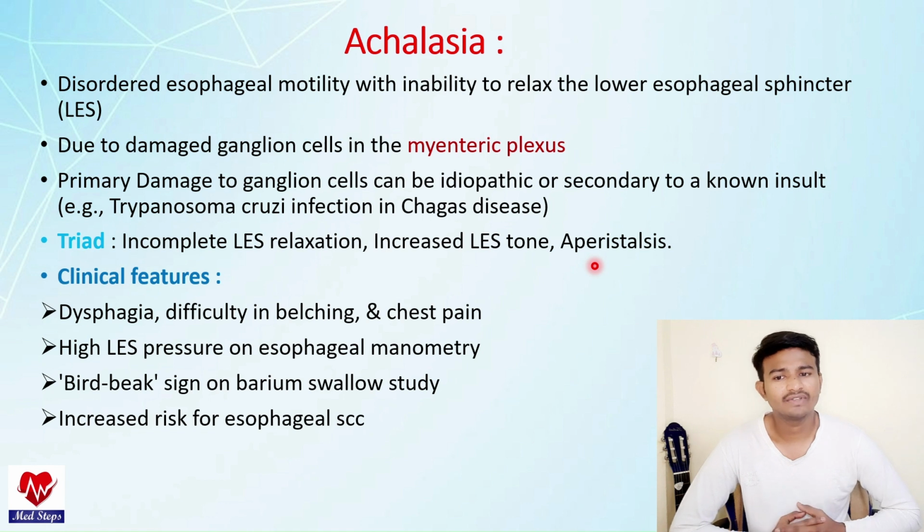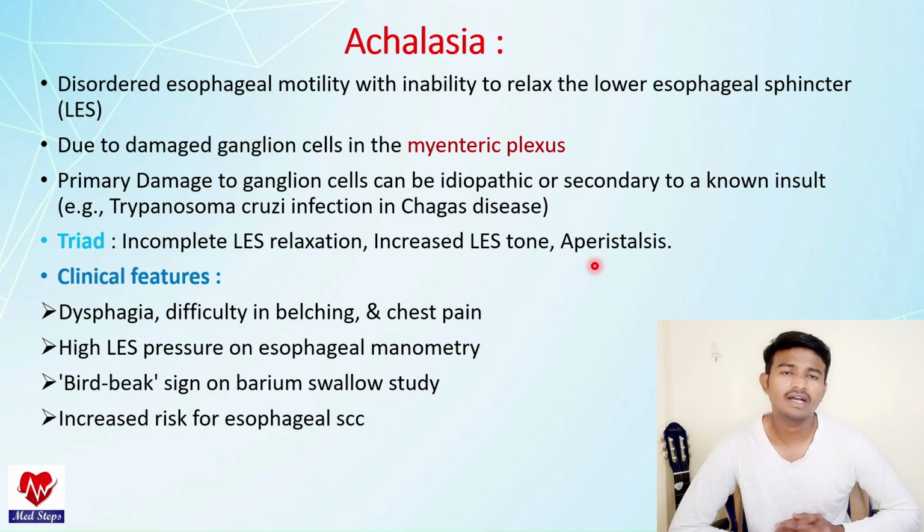Next, clinical features: dysphagia, difficulty in swallowing, difficulty in belching, and chest pain. In achalasia patients, they feel like a heart attack type of feeling. And there is high lower esophageal sphincter pressure on esophageal manometry.